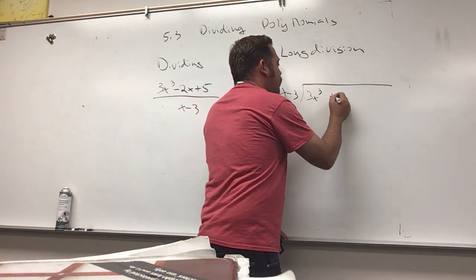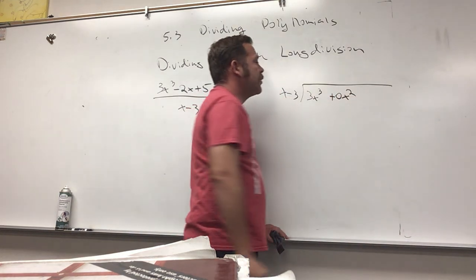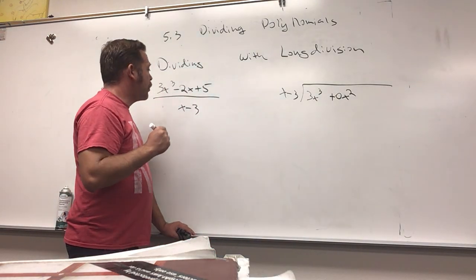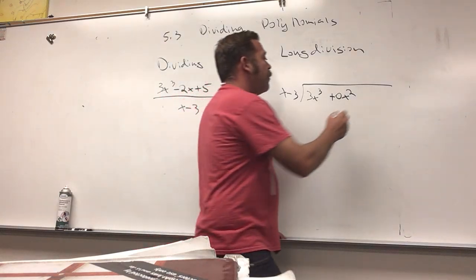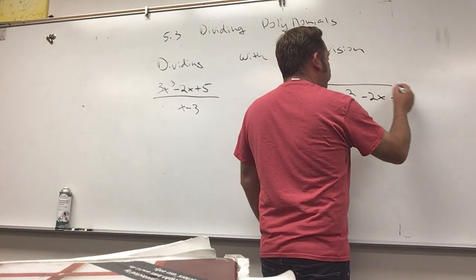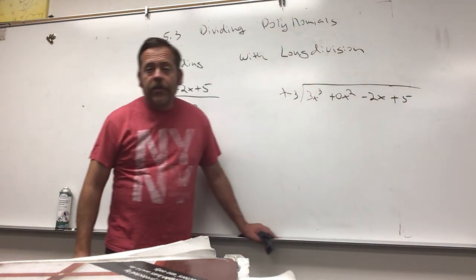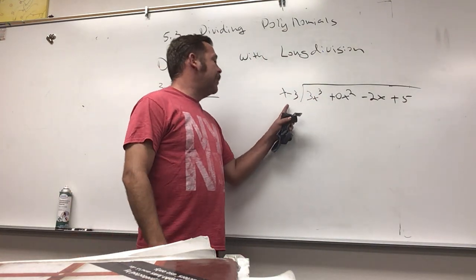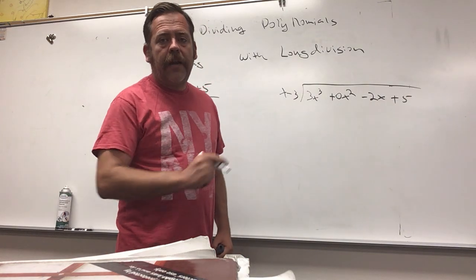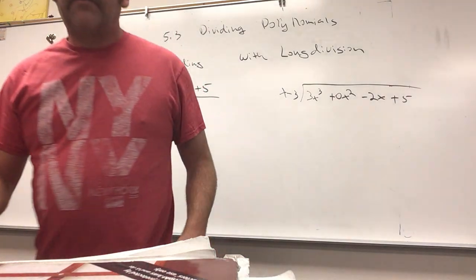So I'm going to say plus 0x squared. How does that work for you? Because there's no x squared, I'm going to put plus 0x squared. And then minus 2x, and then plus 5.